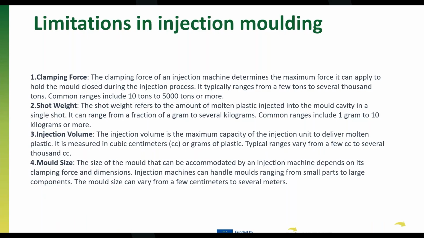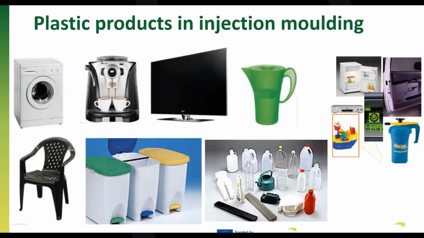In the next slide, we keep going with injection molding and the different products. We can have limitations, but those limitations are more on the machine than on the technology.